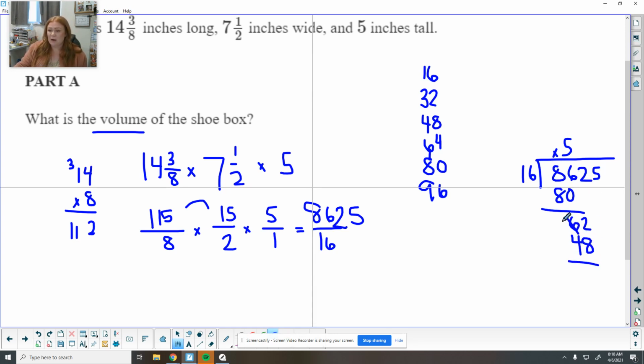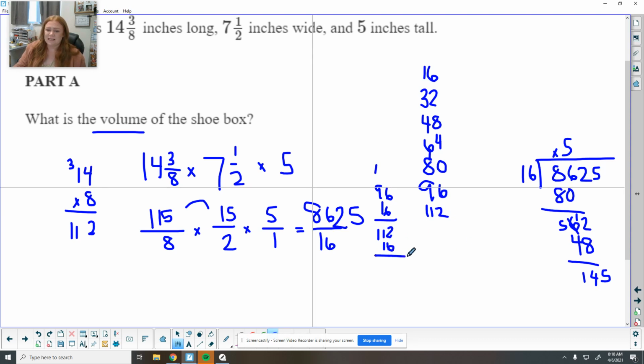So we need to borrow here, 4 and 1 and 14. Bring down my 5. Oh, so let's add on another one here. So 96 and 16, there's 112. So I think we can go some more times here.